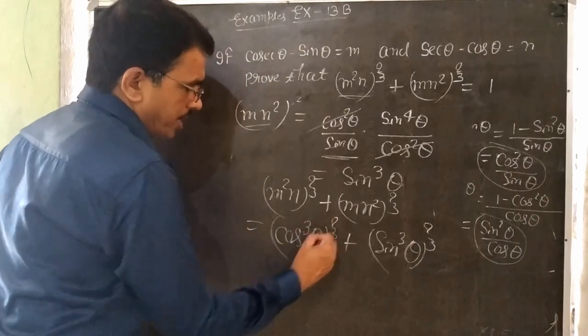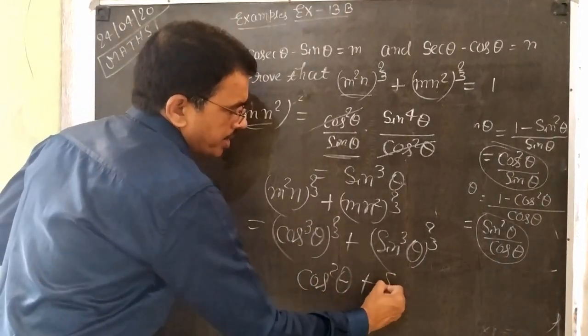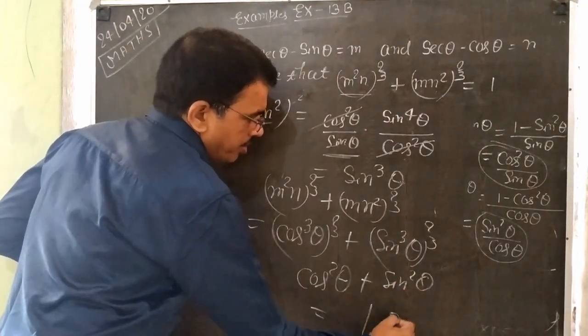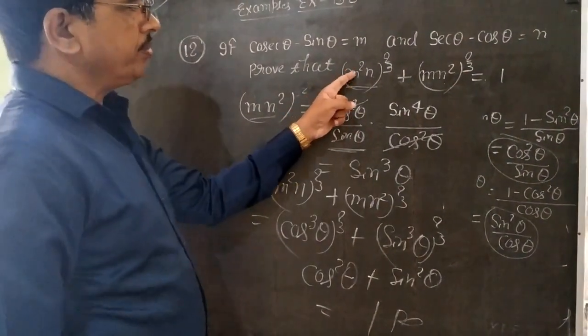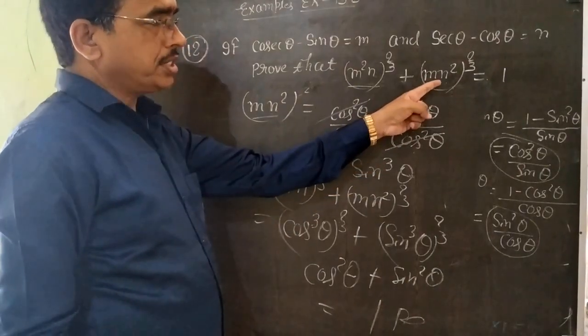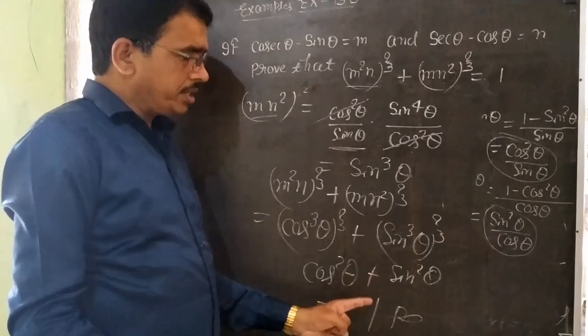Power to the power multiplies, so you get cos squared theta plus sin squared theta, which is equal to 1. So it is your solution. First you find the value of m, then m squared, and multiply by n. Similarly for the next, and after that you get your solution: cos squared plus sin squared, that is all.